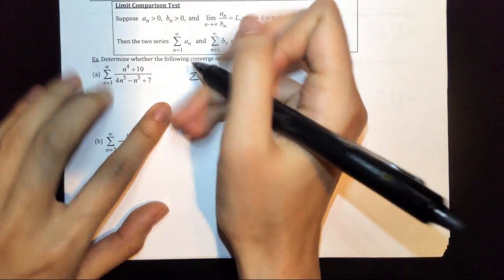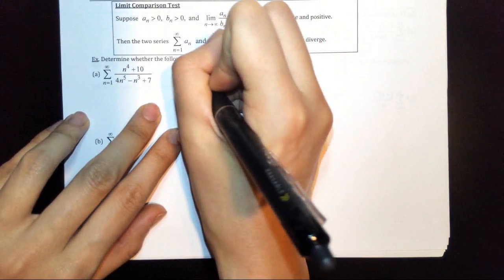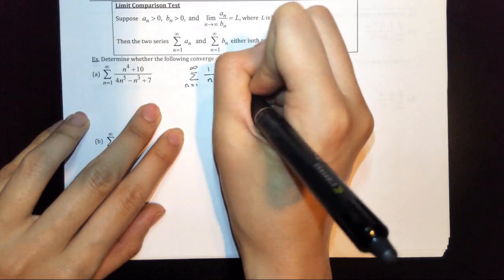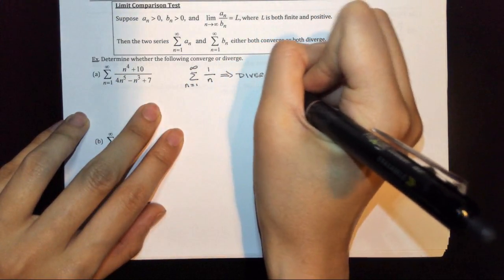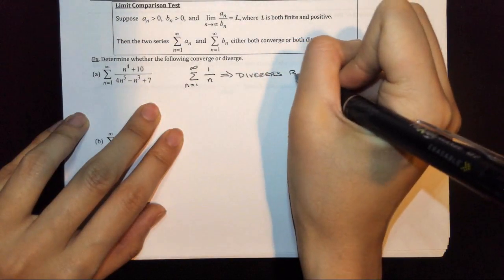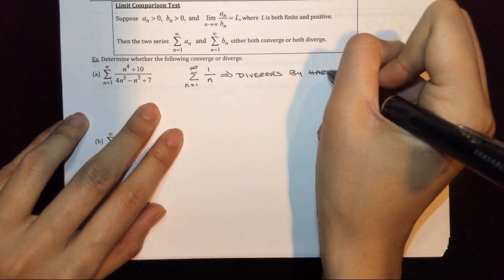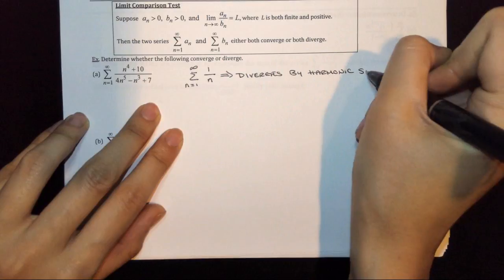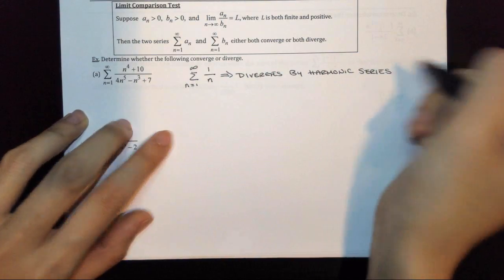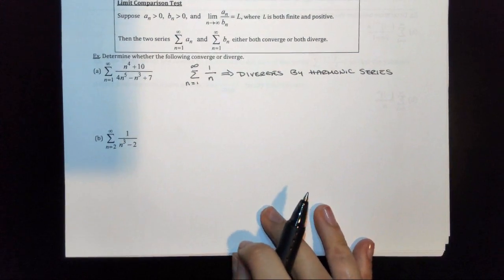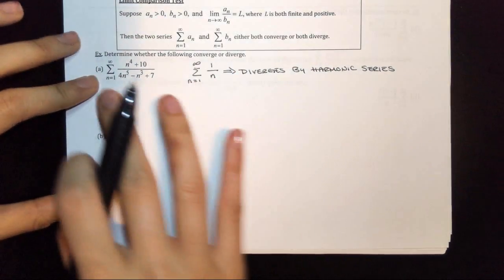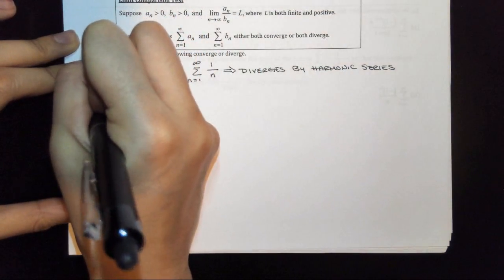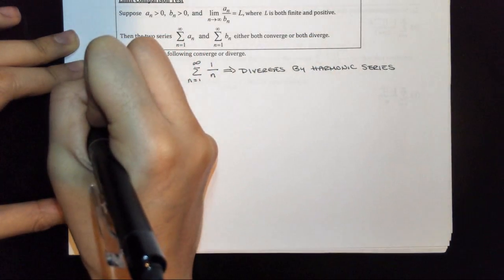So if I have the series 1 over n, I know that this one will diverge by harmonic series, right? And I can take this sequence and divide it by this one.